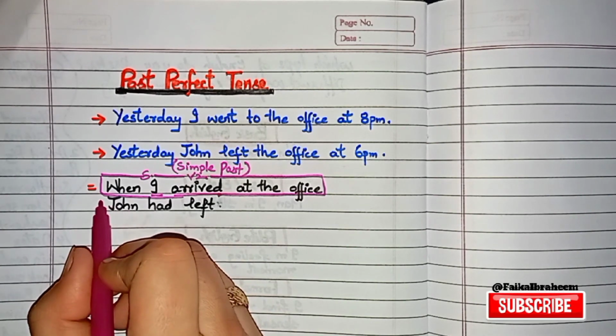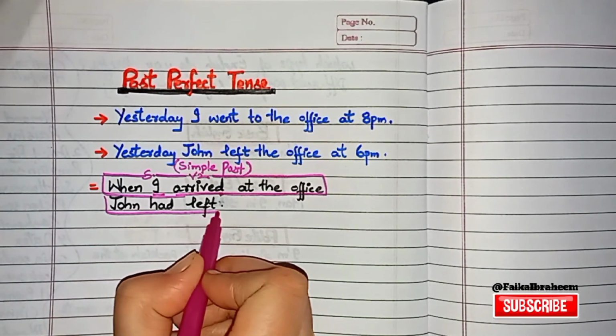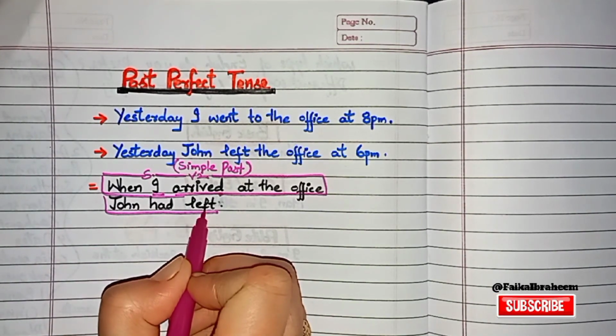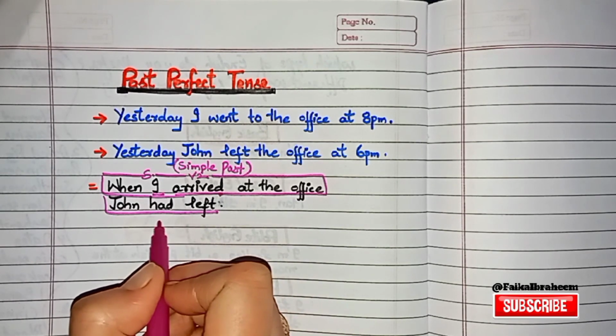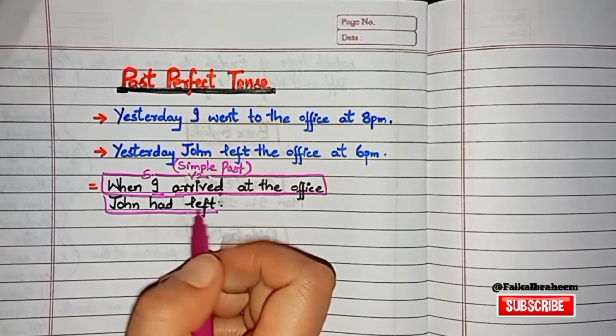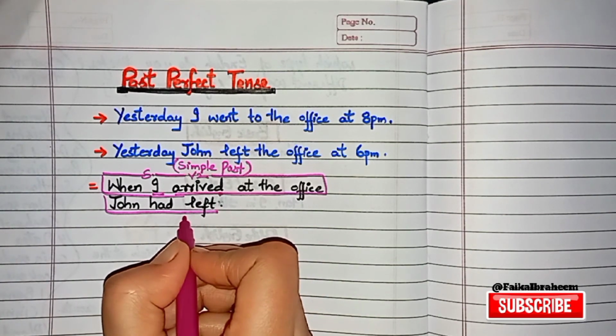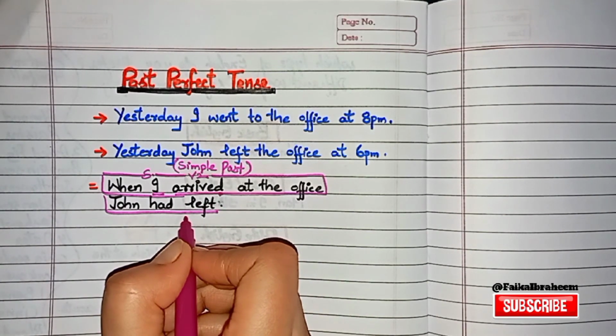John had left. What is it? It is past perfect tense. But what is past perfect tense? Let's see.